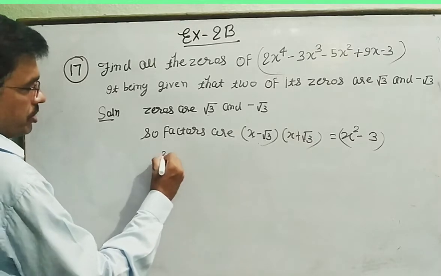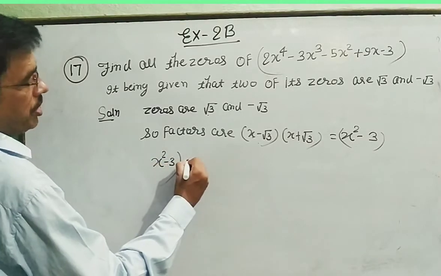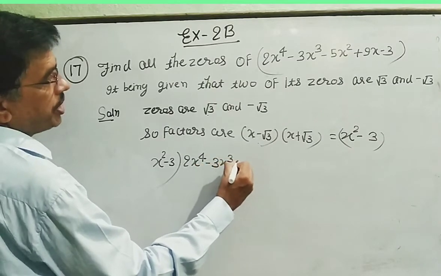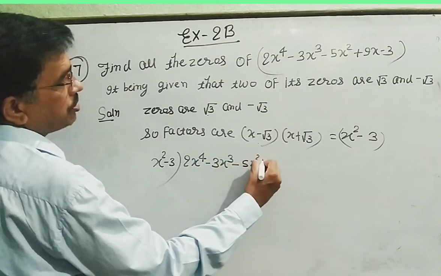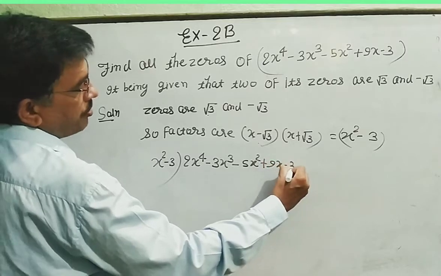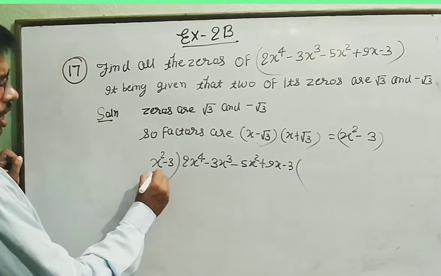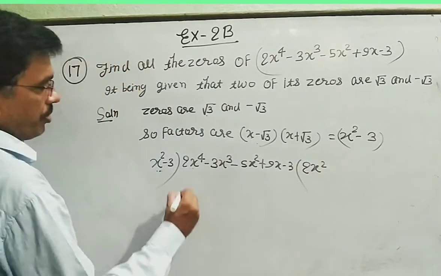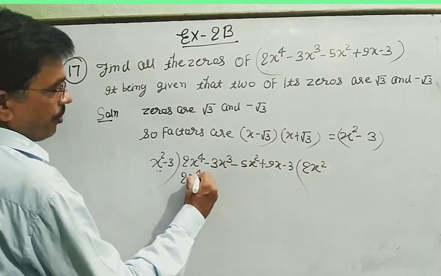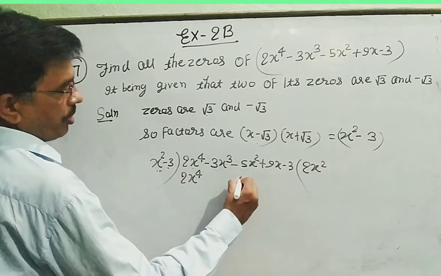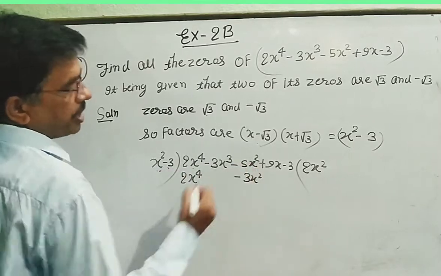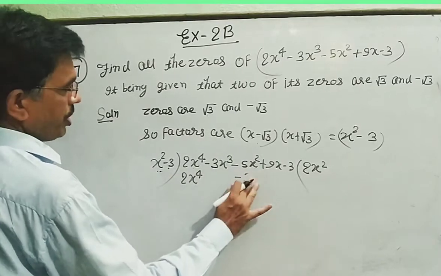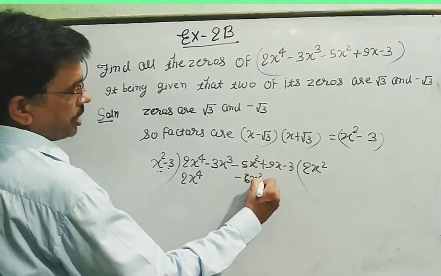Now divide 2x to the power 4 minus 3x to the power 3 minus 5x square plus 9x minus 3 by x square minus 3. Here is x square, here is 2x to the power 4, so multiply by 2x to the power 2. You get 2x to the power 4 minus 6x square. 2 into 3, that is minus 6x square.